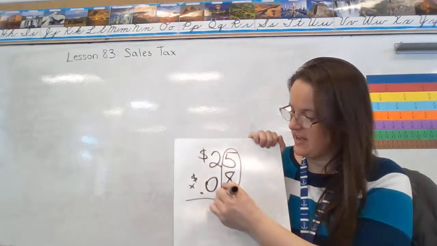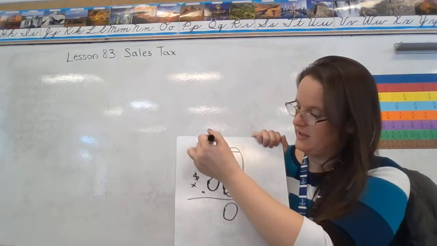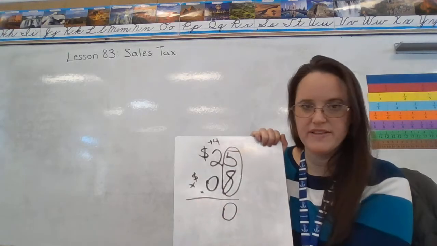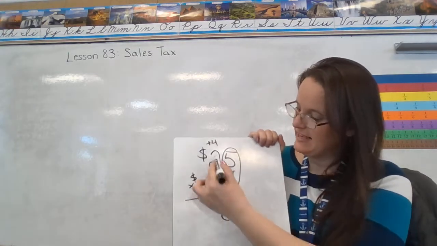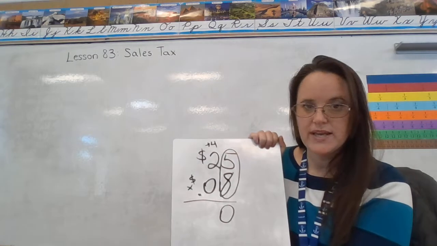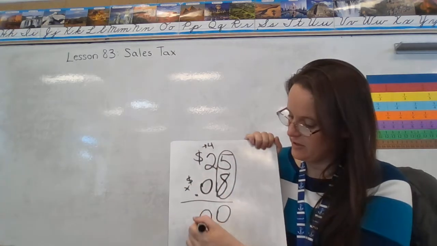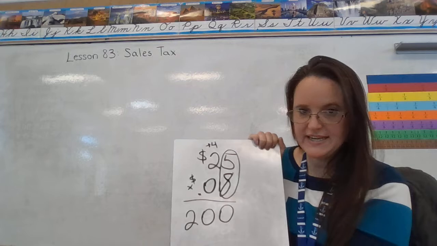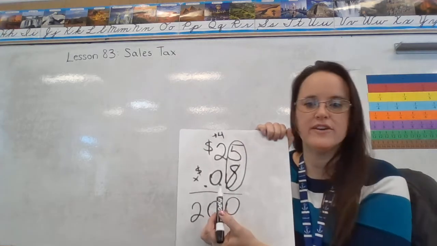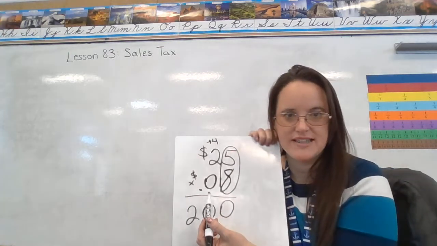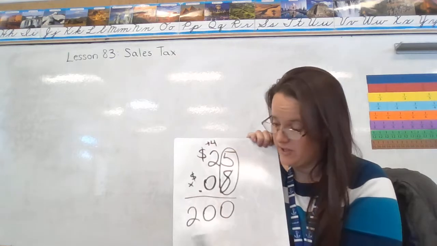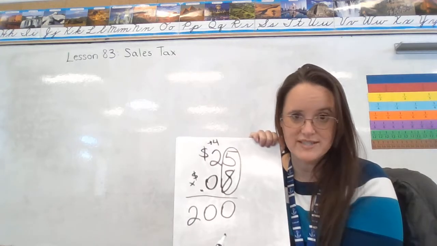So 8 times 5 gives us 40. We have to carry the 4. 8 times 2 is 16 plus 4 is 20. I don't have to multiply the 0 times anything because it's going to give me a whole bunch of zeros.